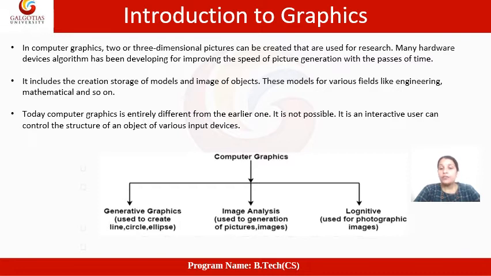These three are different in some ways, and one can be said to be included in another. The line and circle, and the photography of images which consist of multiple pictures and images, and the images and pictures which include some circles, some lines, some polygons, like that. So these are included one in another.